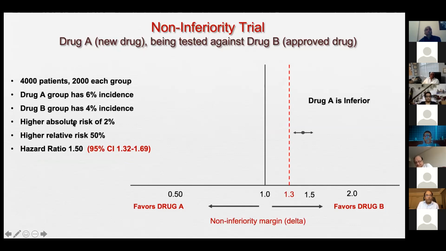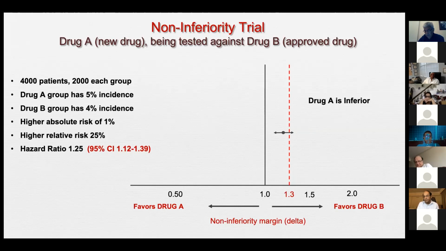So the new drug has a higher risk of about 2% in absolute terms, and the relative risk is 50% higher. So the hazard ratio becomes 1.5, and the confidence interval is 1.32 to 1.69, which is on this side of the line, because this line is at 1.3. So this is the delta, or the non-inferiority line, and the entire confidence interval is on this side. So you can clearly say that drug A is inferior.